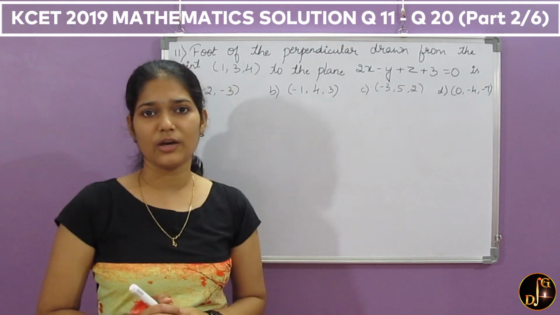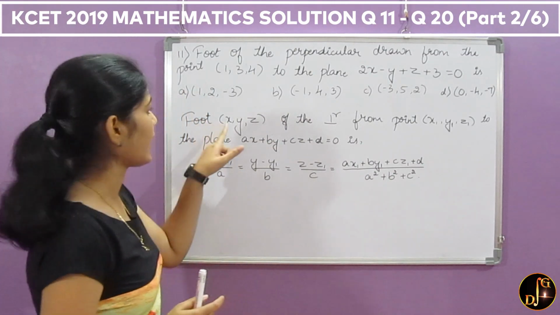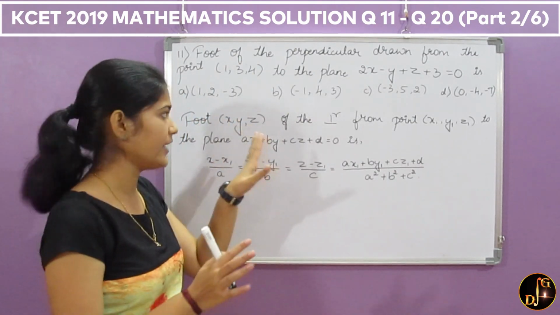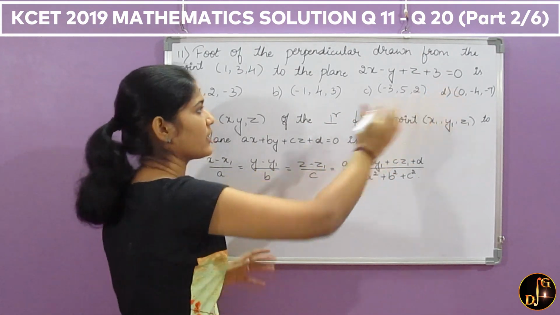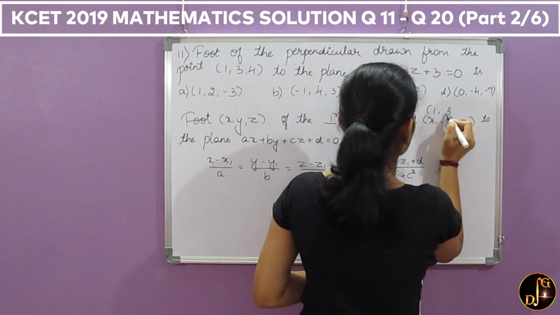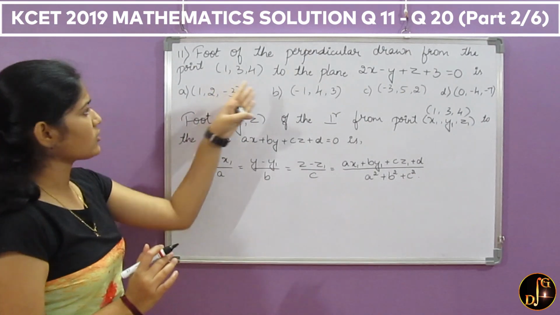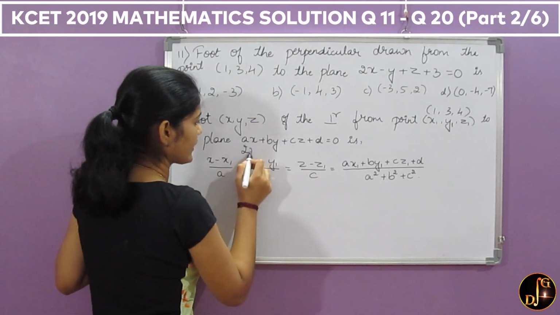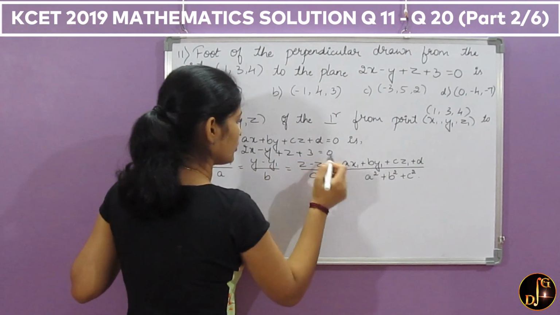We know the formula for the foot of the perpendicular, right? The formula is: the foot (x, y, z), which we have to find, of the perpendicular from the point (x1, y1, z1). Here the given point (x1, y1, z1) is nothing but (1, 3, 4), to the plane 2x minus y plus z plus 3 is equal to 0.